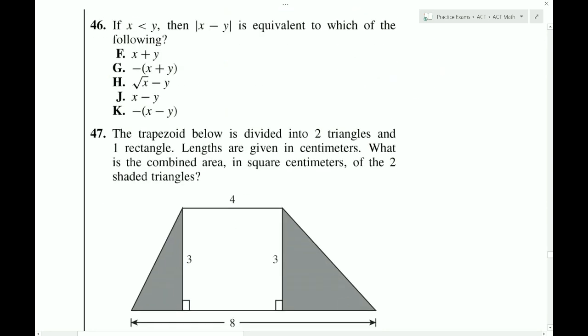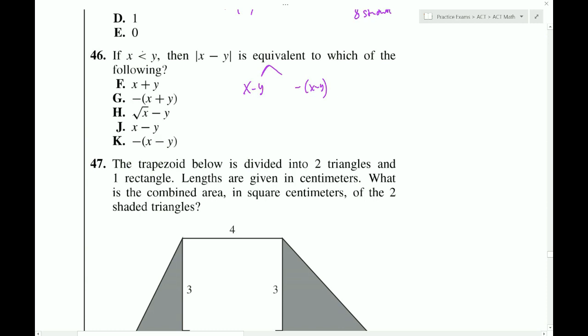If x is less than y, then the absolute value of x minus y is equivalent to which of the following? Okay. Well, this quantity is either going to equal x minus y, or it's going to equal the negative of x minus y. And what determines which of those it's going to equal is whether or not the inside part comes out to be a negative number.